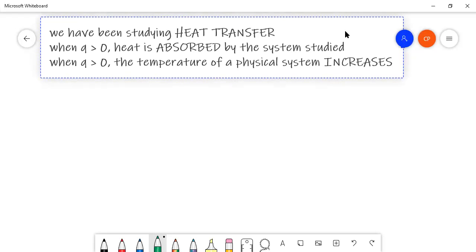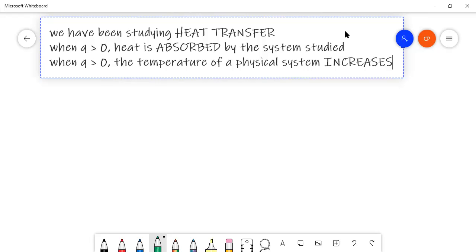Now, remember those sign conventions I put in front of you when we met on Thursday for the heat energies that we were studying? This is a little restatement of those, and it's something that I'm doing a little bit more precisely. When Q is greater than 0, that is when Q is positive, we're talking about heat being absorbed by the system studied.